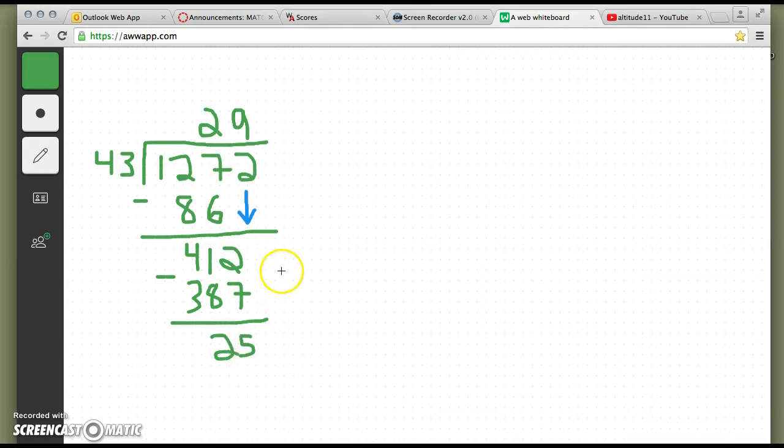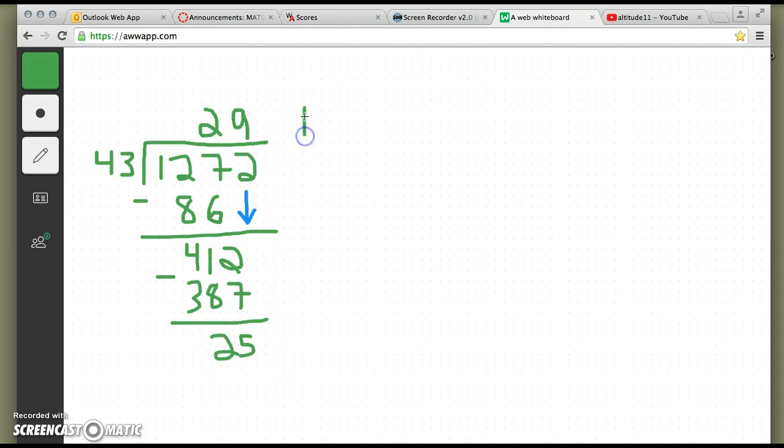All right. So notice here, guys, that the number 43 does not go into the number 25 because the number 25 is smaller than 43. And we no longer have any other numbers to bring down here. If we did, we would just bring down the next number and continue the process as we've been doing. But since there are no other numbers, this is your final remainder.